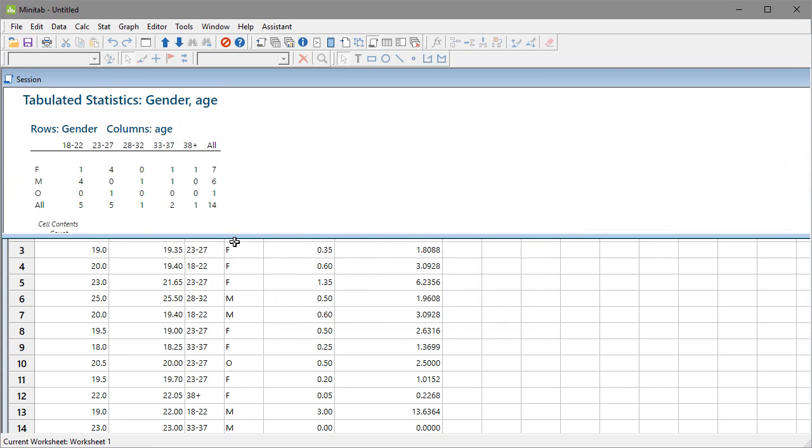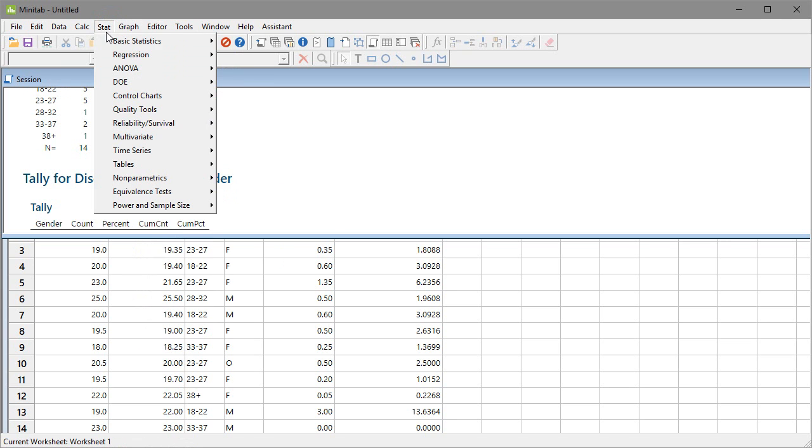And you actually get a breakdown of how many females were 18 to 22. Well, one female was 18 to 22, and 4 males were 18 to 22. So this kind of just gives you a breakdown by those different categorical variables. So if you're interested, how many females fell into the different age ranges versus how many males, and then in the other.